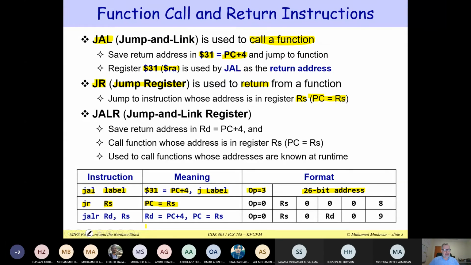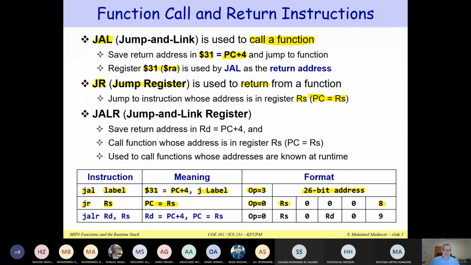So this is the jump register instruction. By changing the PC to become RS, we can choose RS to be register 31, and if we jump to the address inside this register, we can return back to the caller. So the jump register is essential to return back from a function call. Notice that jump register is of the R type, the opcode equal to 0, and there is a unique function code.